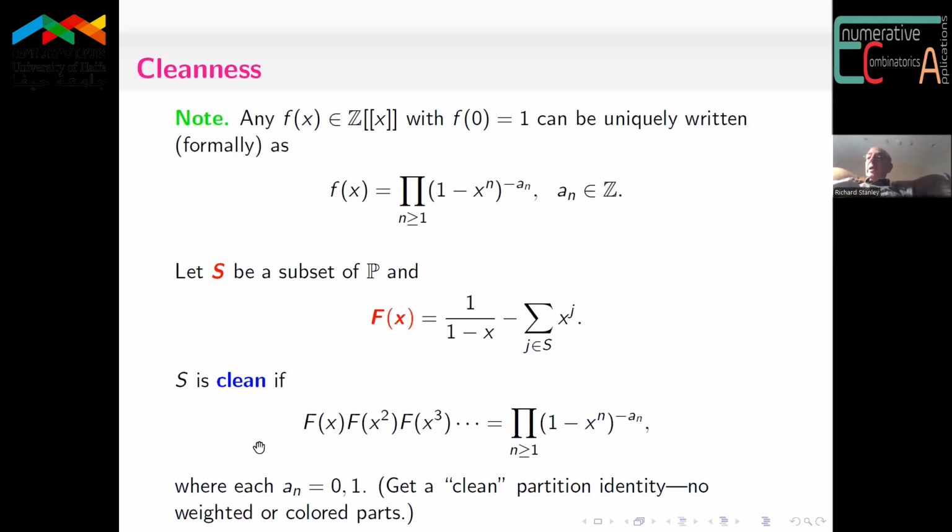Then we're going to get a clean partition identity: the partitions whose part multiplicities are not in S are equinumerous with partitions whose parts are those n with a_n equal to 1. So this is the second nice property of S that gave us very elegant partition identities like MacMahon's.